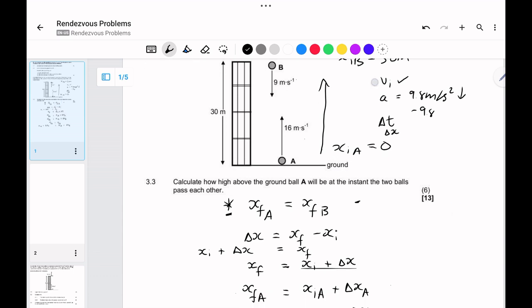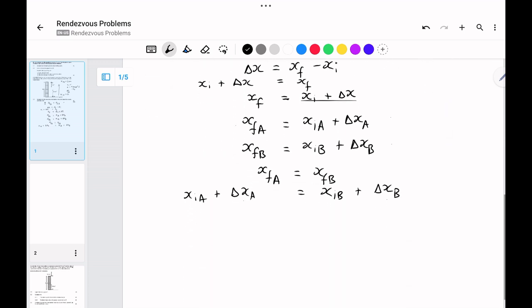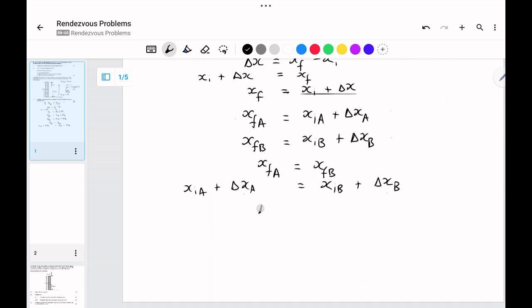If you think which equation of motion has all four of these variables, you'll come up with the following: the displacement of an object is its initial velocity multiplied by the time of flight plus 1/2 a t squared, where t is the time of flight. So we're going to use this equation now to write an expression for the displacement of A as well as the displacement of B.